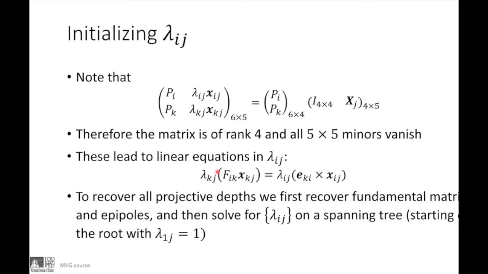That's how you get these equations. You see that they are linear in xij, xkj, and they are linear in lambda. Now, given that I know xij, xkj, and given that I computed the fundamental matrix and the epipole, I can recover the lambdas up to scale.